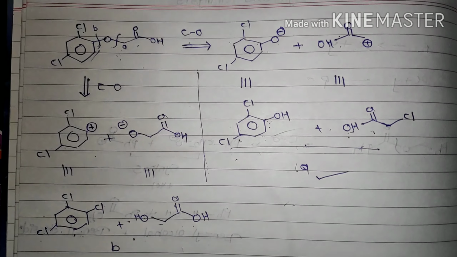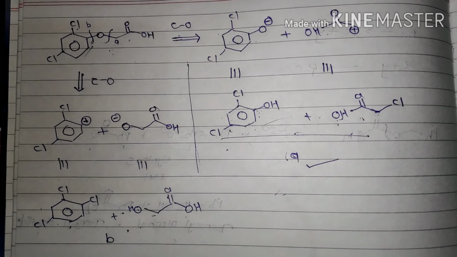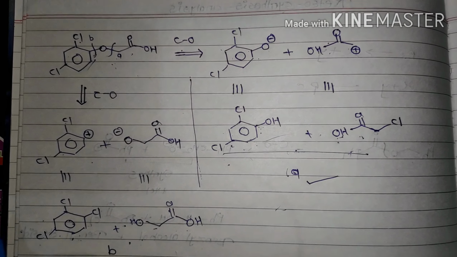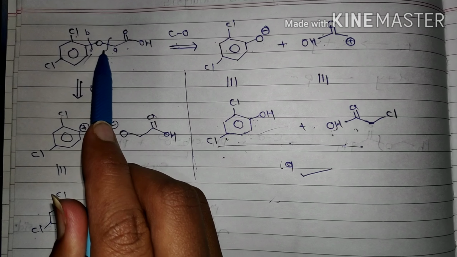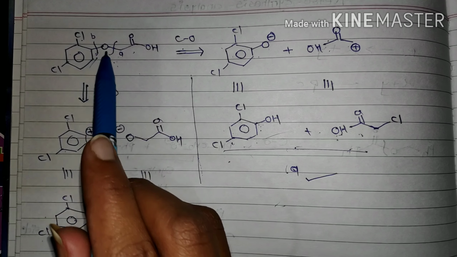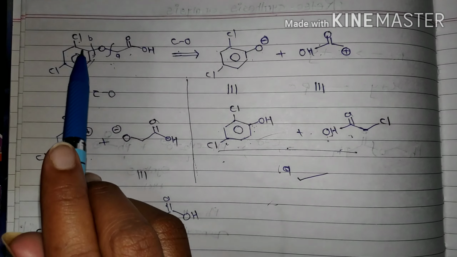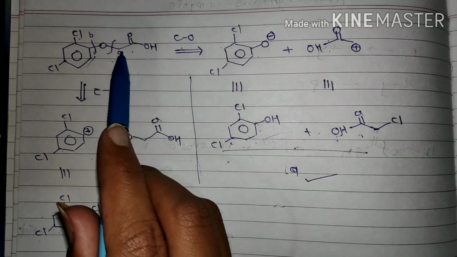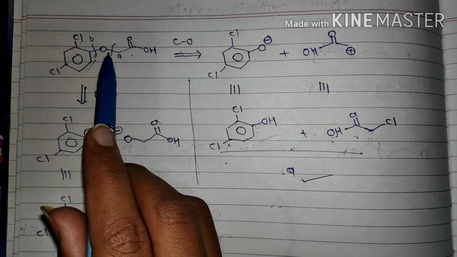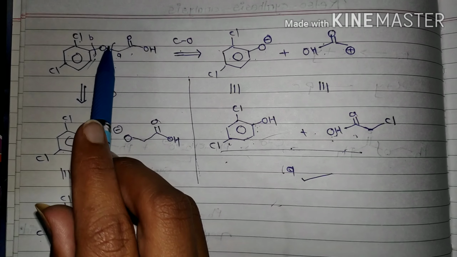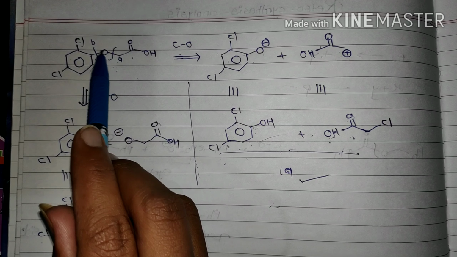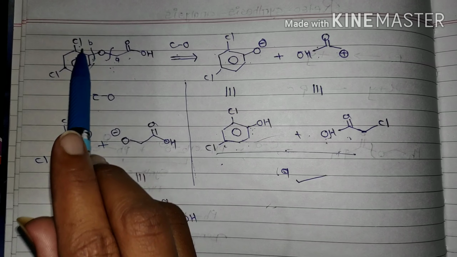Next, we see the second example, which is another ester. Again we first break the carbon-oxygen bond. In this compound, two carbon-oxygen bonds are present: this carbon-oxygen bond and this carbon-oxygen bond.